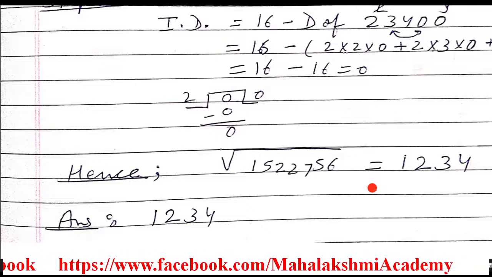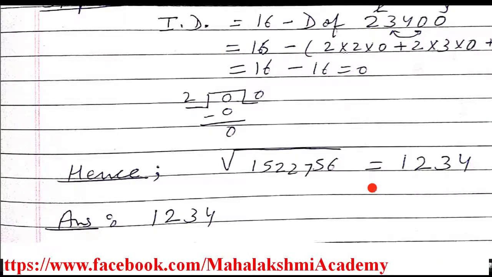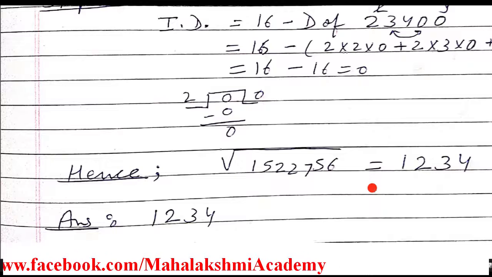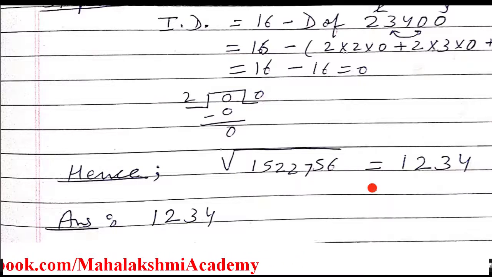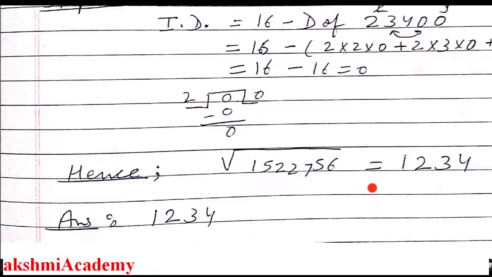So this question or this method is named by two ways. First way is find out the square root by Vedic method. The second method by which they can ask the question is find out the square root by Dvandva Yog method. Both are same. Hence this question is completed.